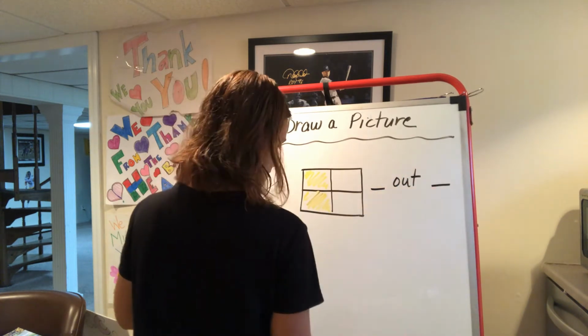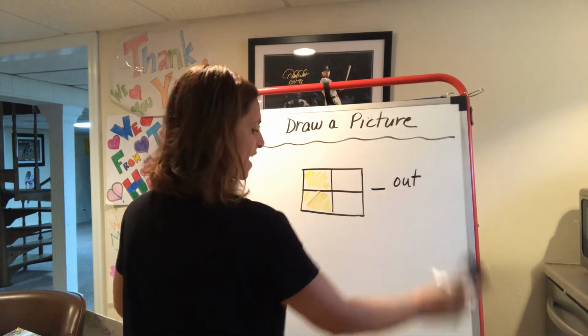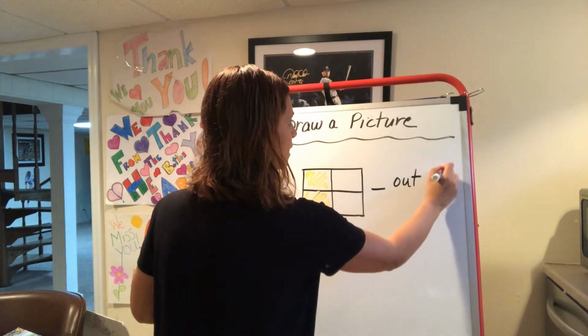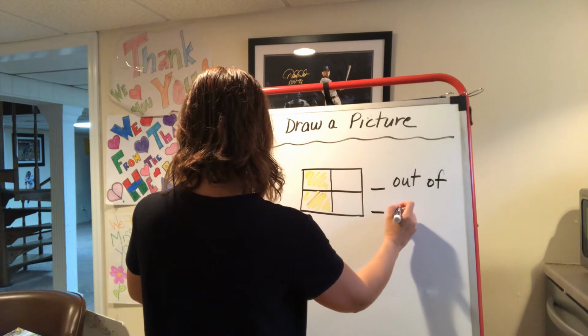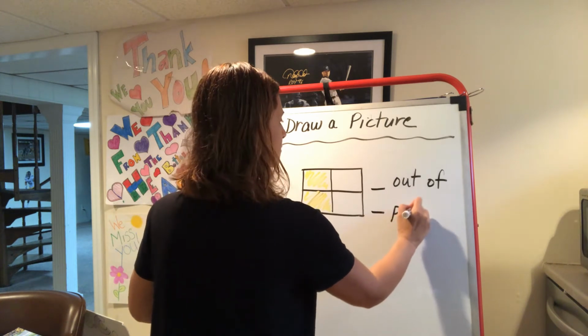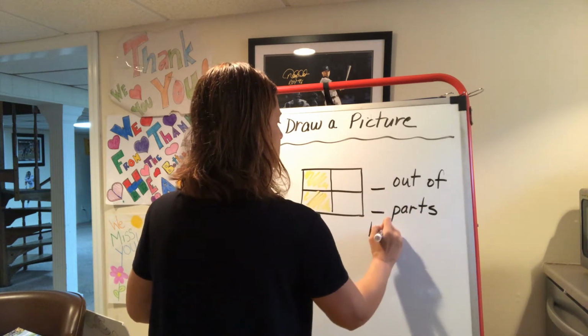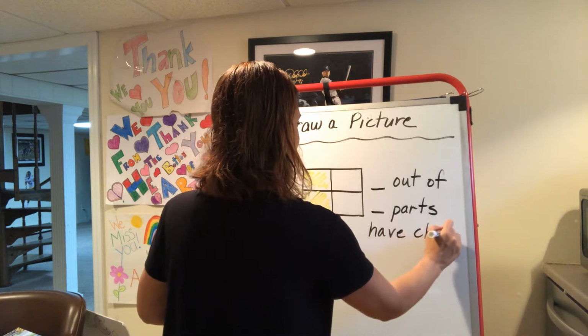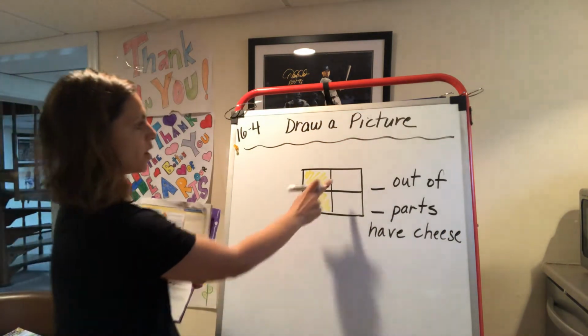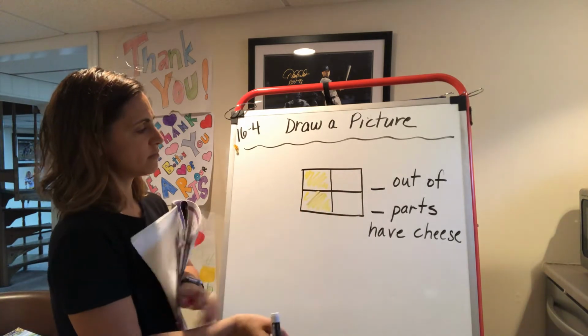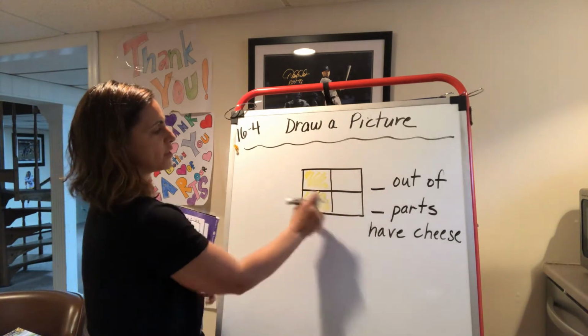Blank out of blank parts have cheese. So remember, the first part is telling me what part is not cheese, and then how many parts altogether.